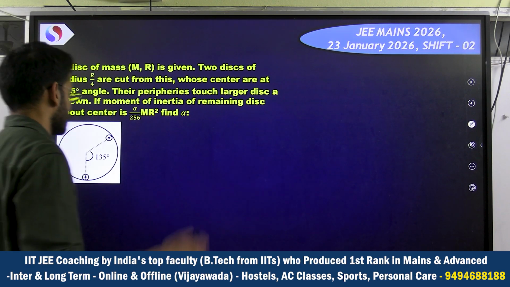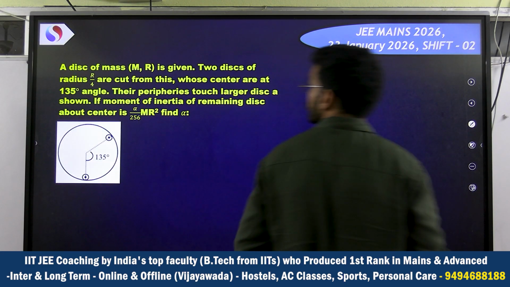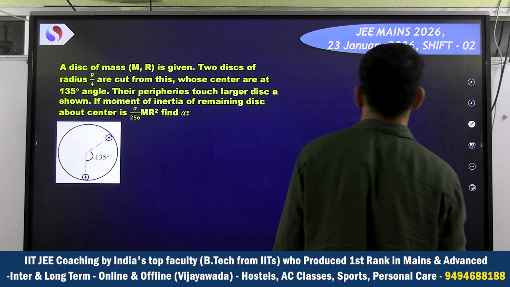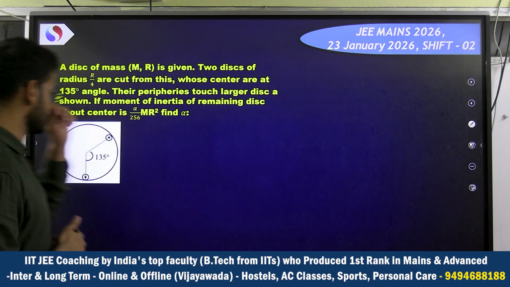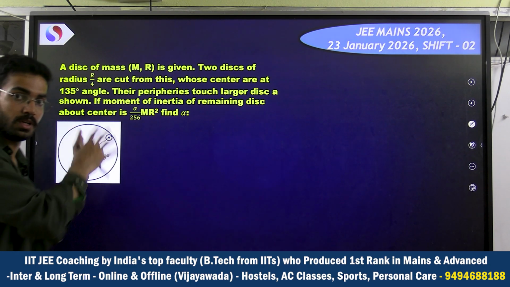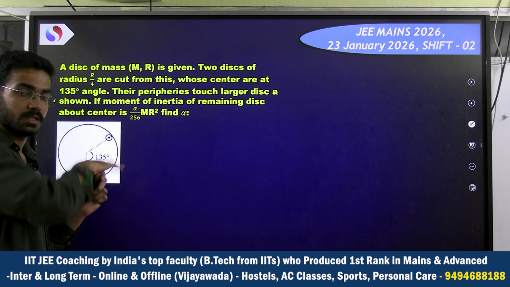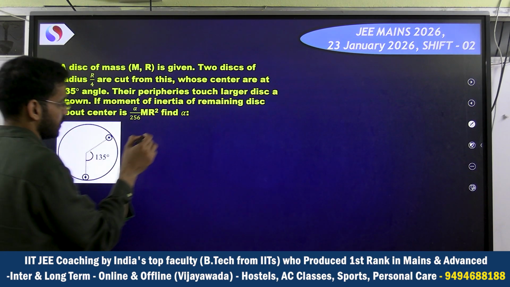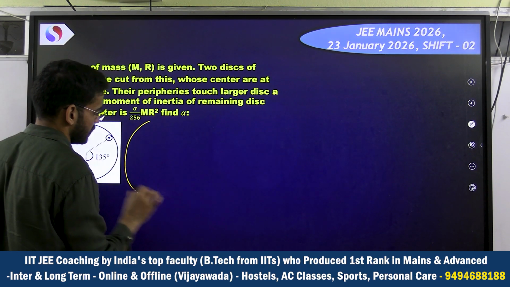So for the remaining one you have to find out. For the original disk, mass m and radius r are given, right? This question became easier on that side. Other way, if he is saying the remaining mass is m, then the density calculation will be way different. So let me draw the diagram again for your reference.